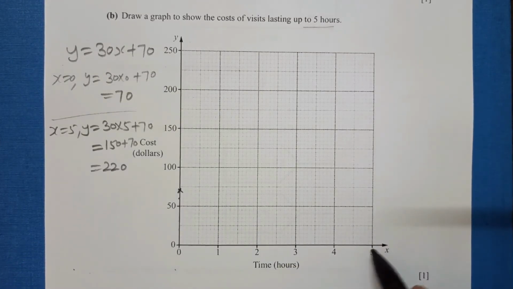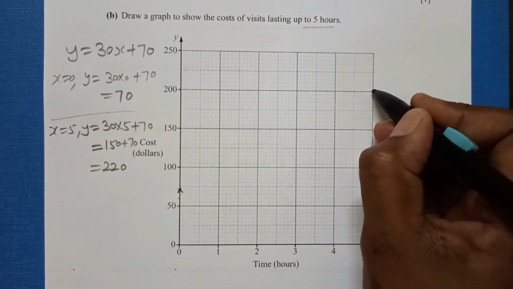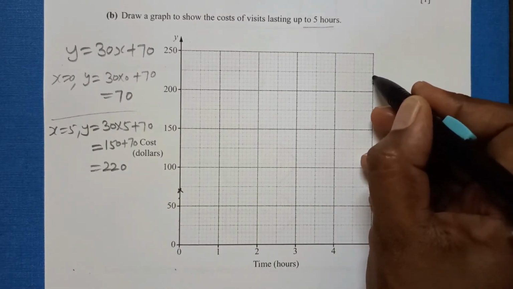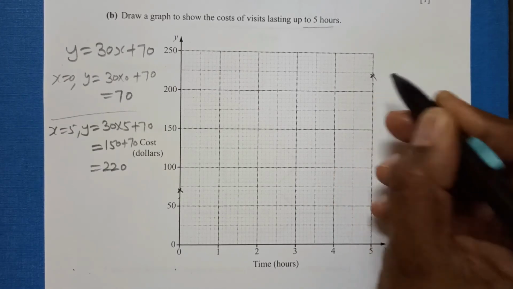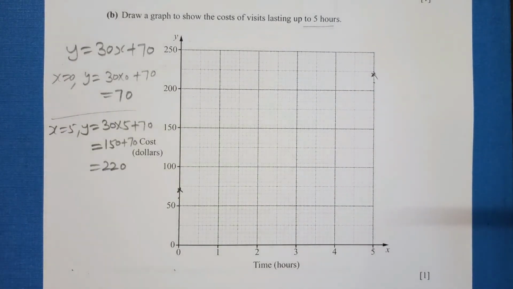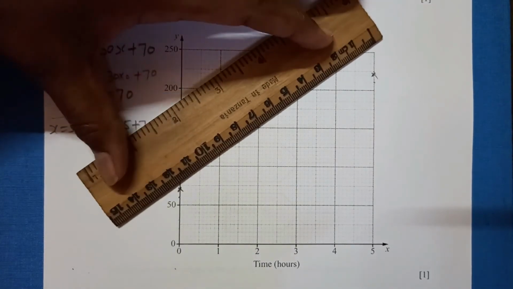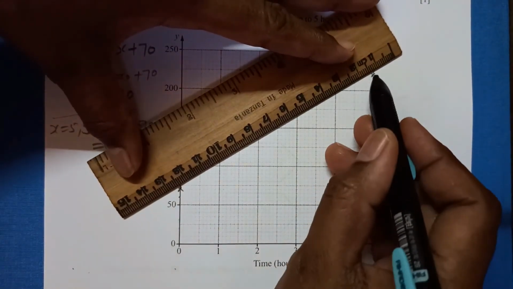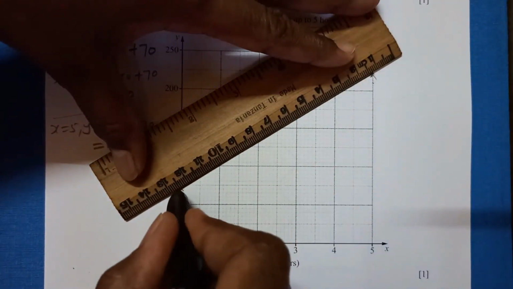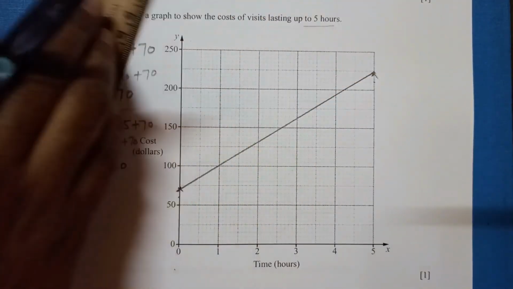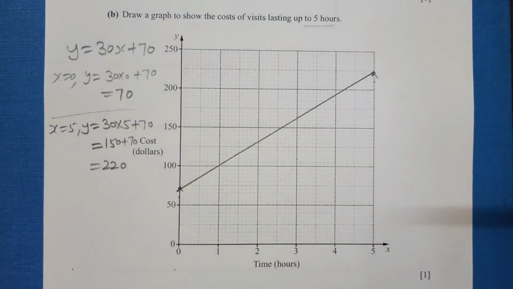So 5 hours are here, this is time in hours. Then 220: this is 200, 210 here, 220 will be here. So this is our point. We can join this with a line to make this graph. Use a ruler for drawing any kind of construction. So this is our graph.